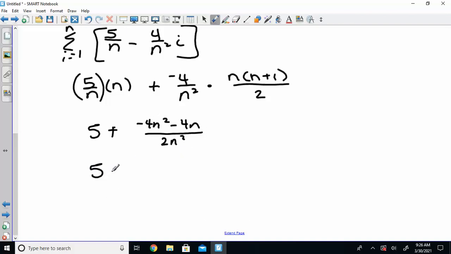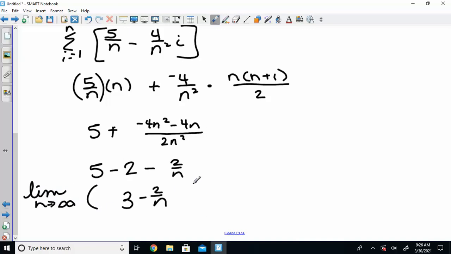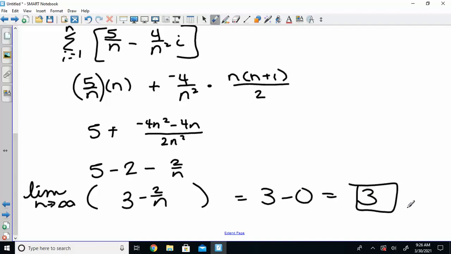So clean that up. So I get 3 minus 2 over n. Now what did I say to do in the directions? You find the sum and then you do the limit as n goes to infinity. So if n goes to infinity, you get 3 minus 0, which is 3 for the area under that curve.